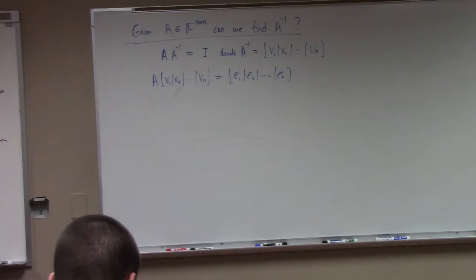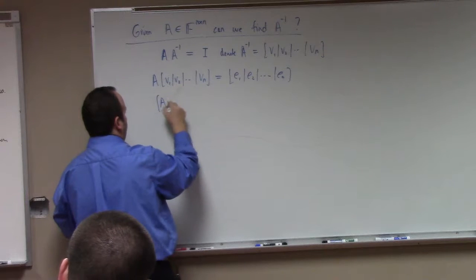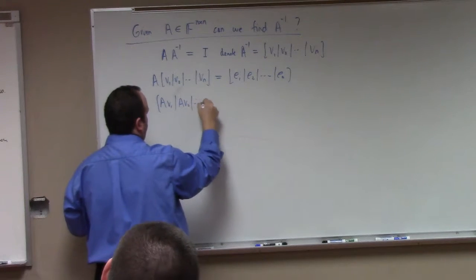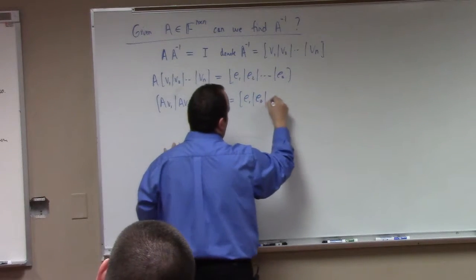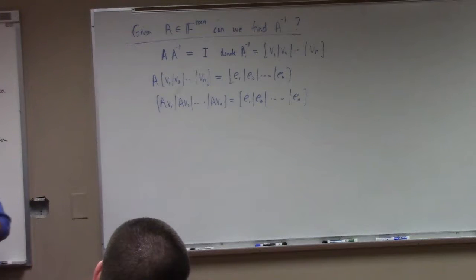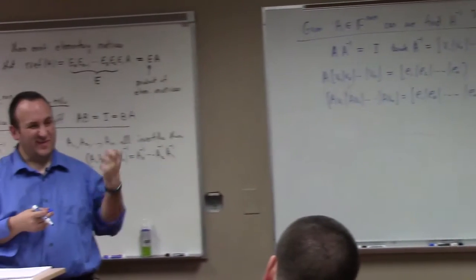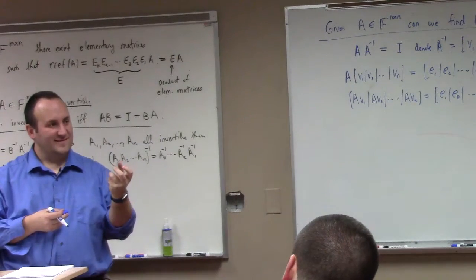Wait a second, what is this? In other words, we've got AV1, AV2, AVn, like that. Which is to say, to find the inverse matrix is actually to solve n equations in n unknowns, n times.